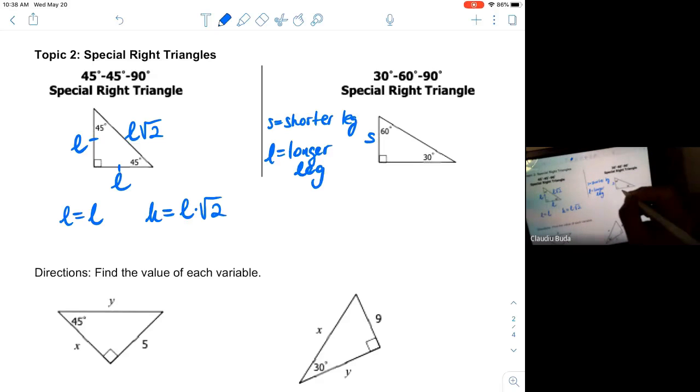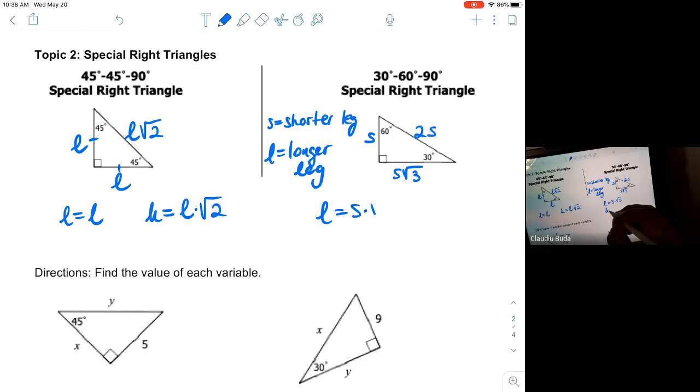The longer leg equals the shorter leg times square root 3, and the hypotenuse is equal to twice the shorter leg.